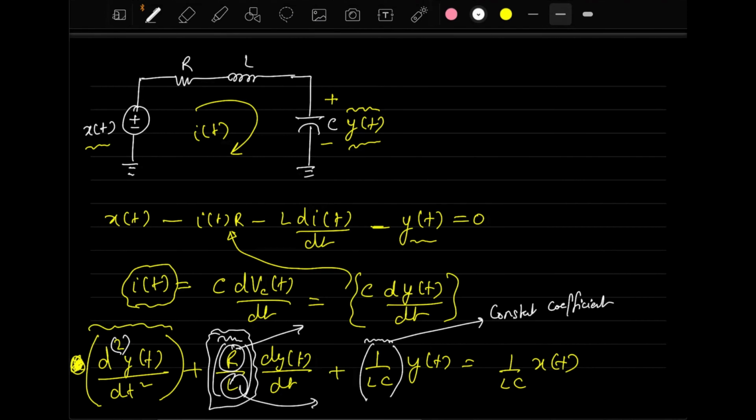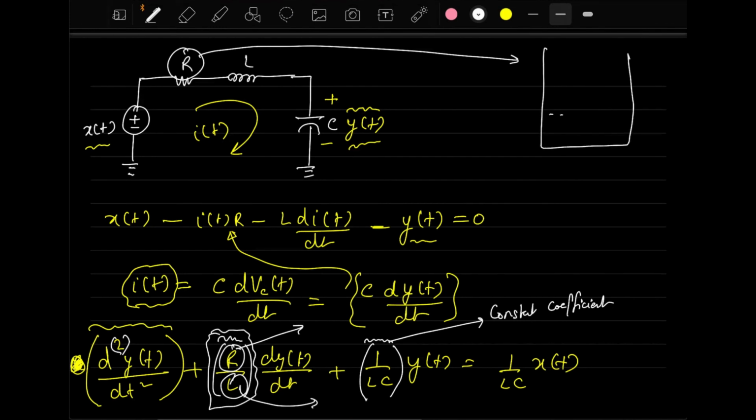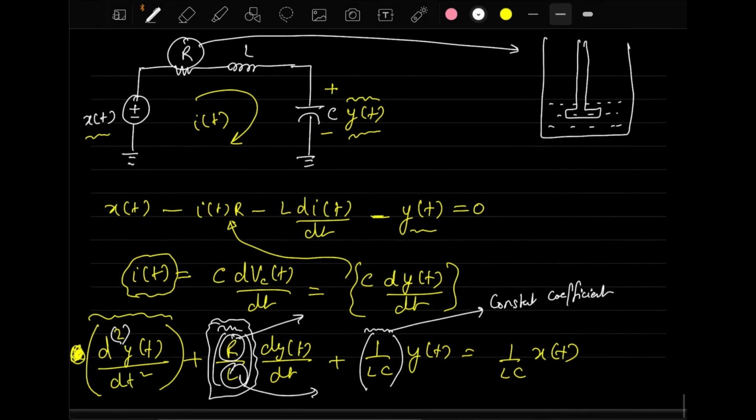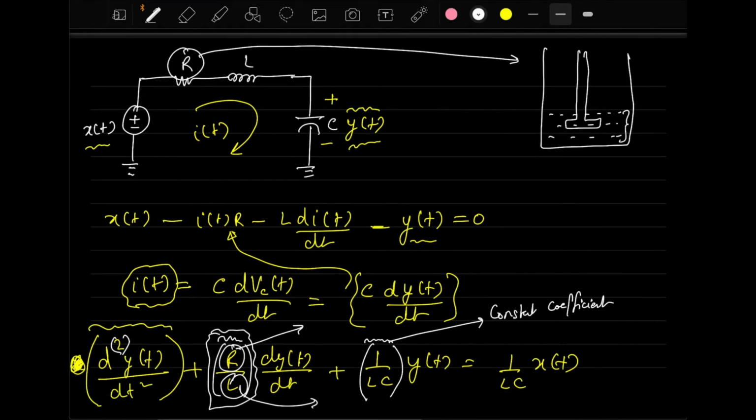So you have to map these variables, like R, because R is a resistance. If you are going for a fluid mechanics problem, and if there is a piston here which tries to move up and down, it can be the viscosity of this particular material which is actually creating this friction.